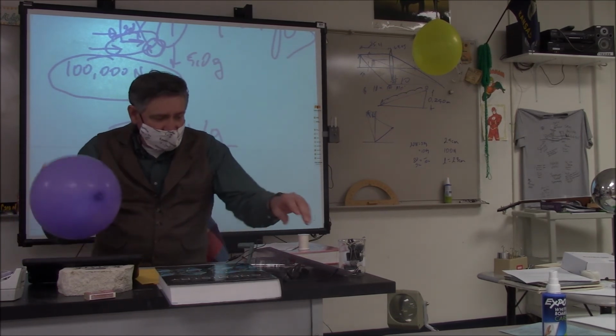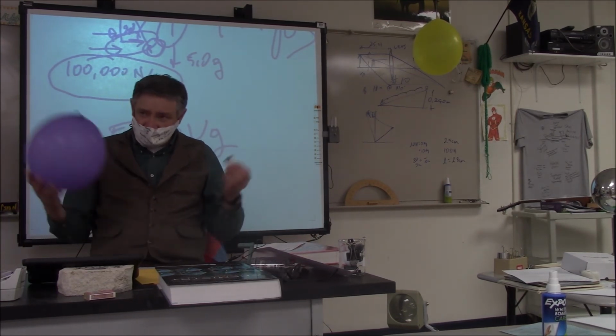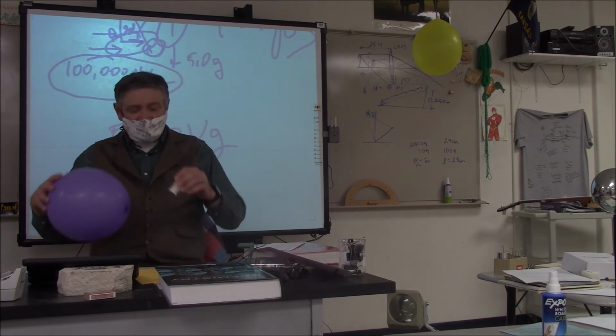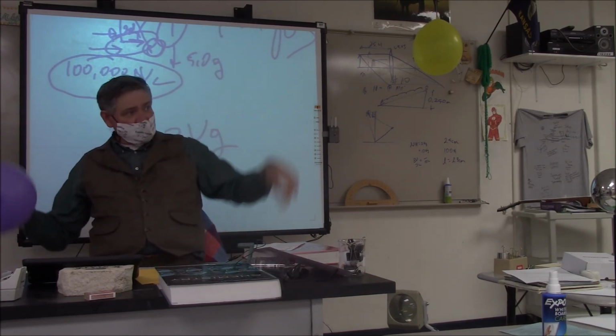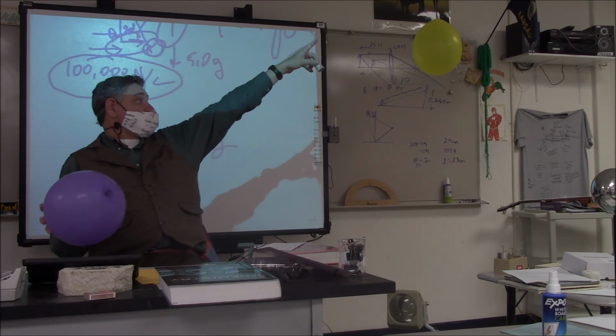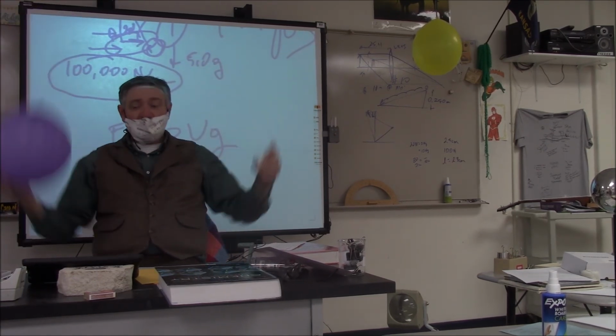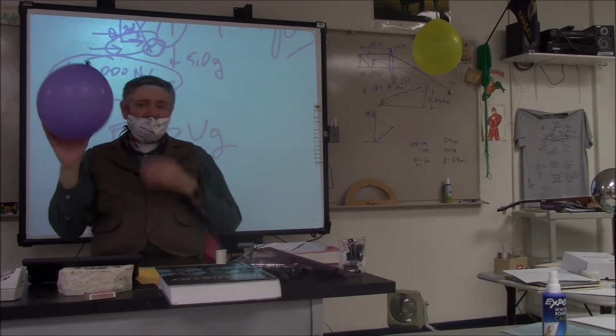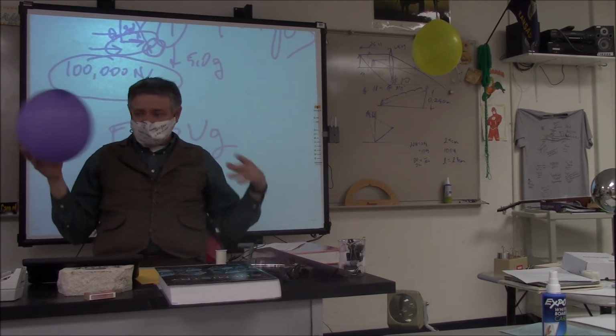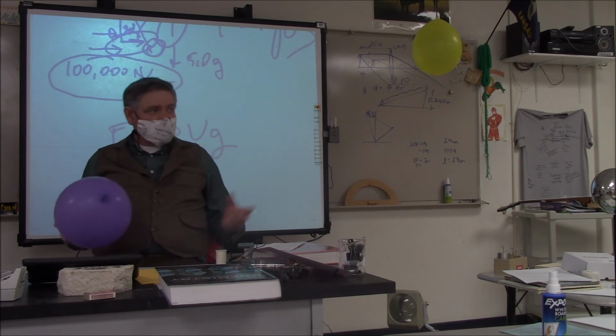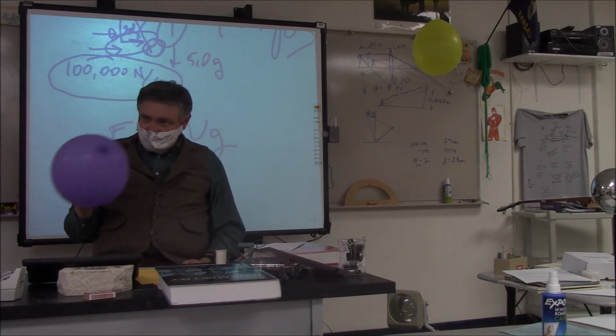Then you're going to take a piece of light thread, and there's a couple of ways you can do this. Some people like to tie one big long string, and I've got hooks in the back or up here that you can hang it over. So what you want to do is charge the balloons. I'm going to have some blankets floating around, and you're going to charge these balloons.